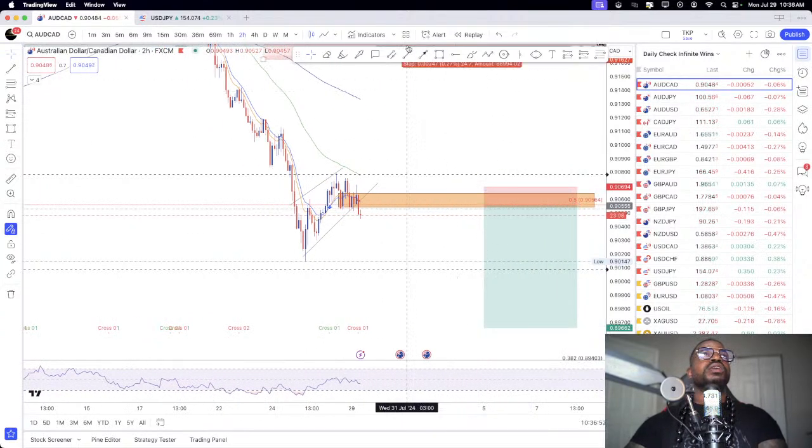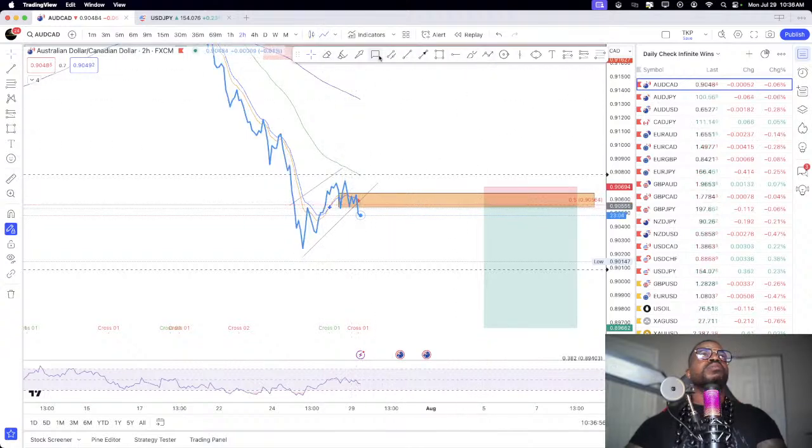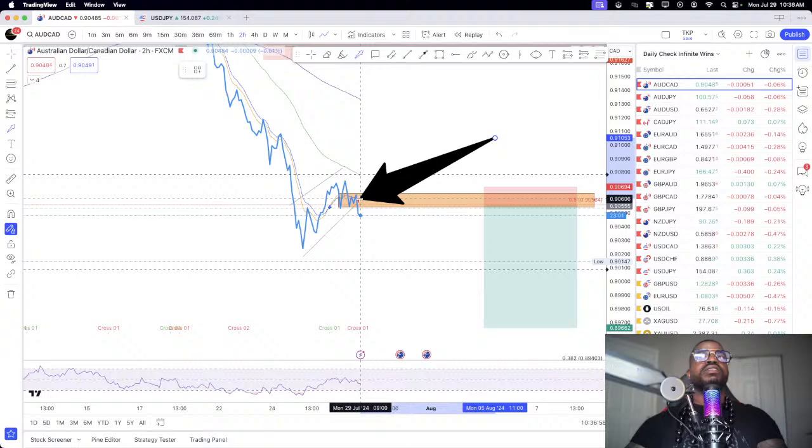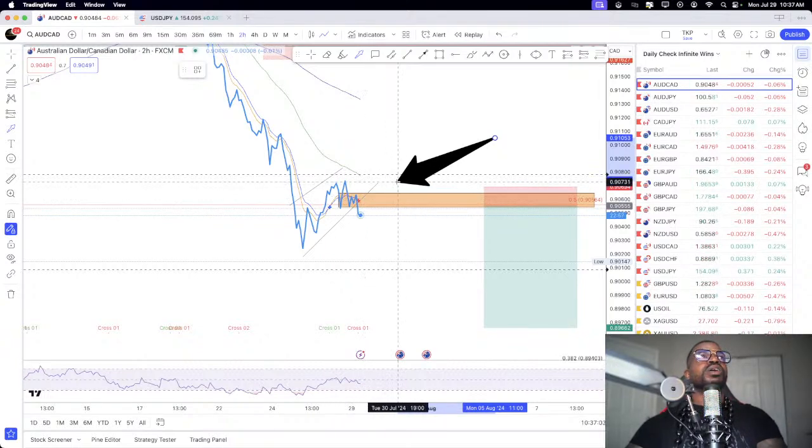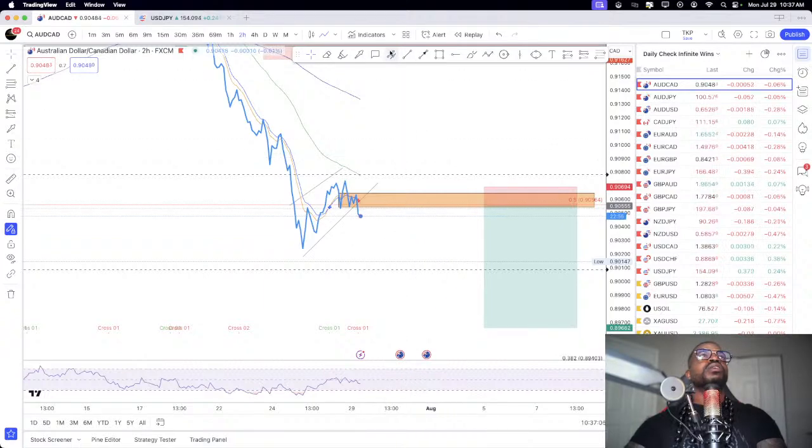Now look at that. On the 2 hour, it showed like a double top. So when you see these patterns like this, that looks like an M, when they're formed in the market, most likely price will pull back to retest those patterns, and that's what we're waiting on. We're waiting for price to pull back.